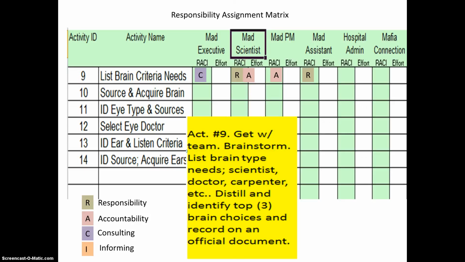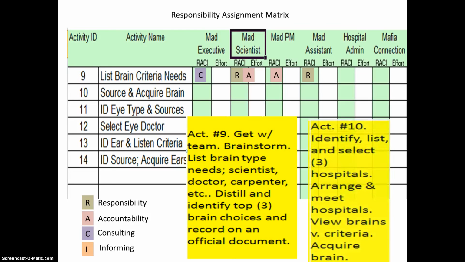So if we can keep it to a single accountability, we are, I believe, in a better position to be successful. Now let's look at activity number 10.